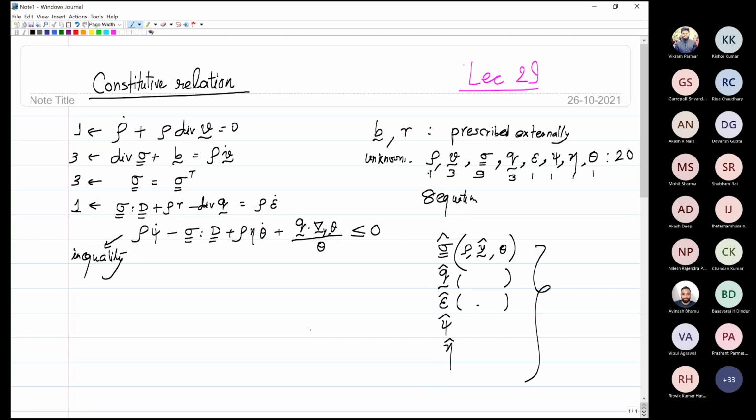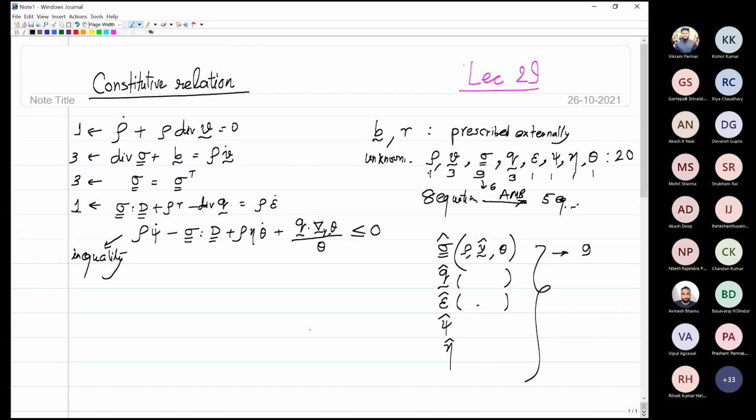So how many constitutive equations? For sigma hat, we have 9 components. Of course, if you assume symmetry, then the number of equations also reduces. Using A and B symmetry, only 5 equations remain, and likewise here 9 goes to 6.